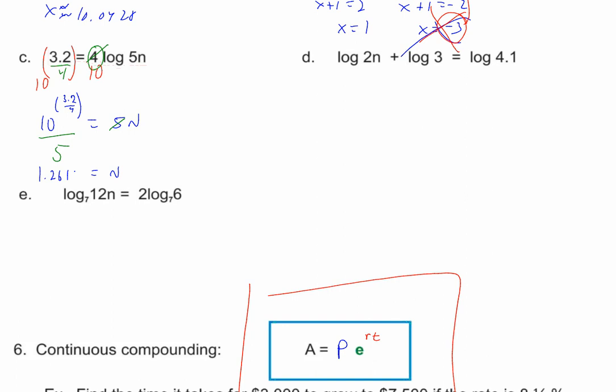Did I divide by 5? I'm not sure. All right, let me run this one more time. 3.2 divided by 4. All right, 10 to the x of that power equals, yeah, I did. Okay, and then we divide that answer by 5. Yeah, 1.2619. 1.2619 is the solution to that.